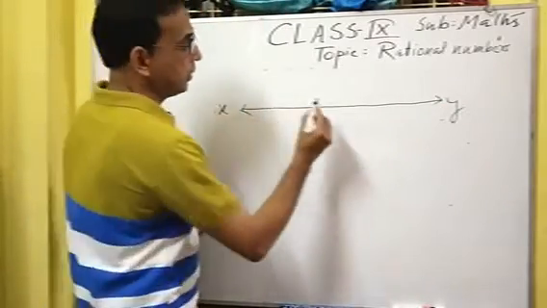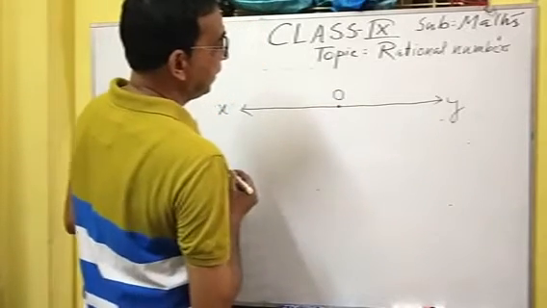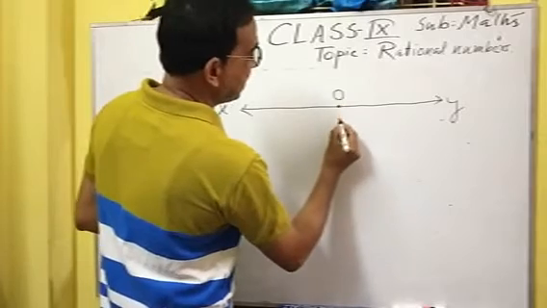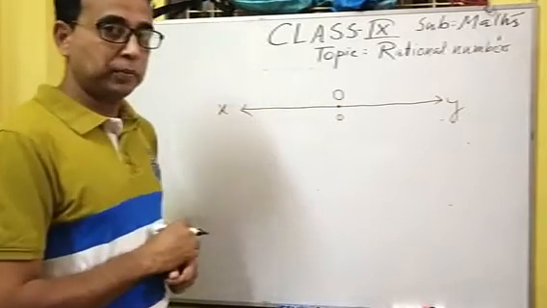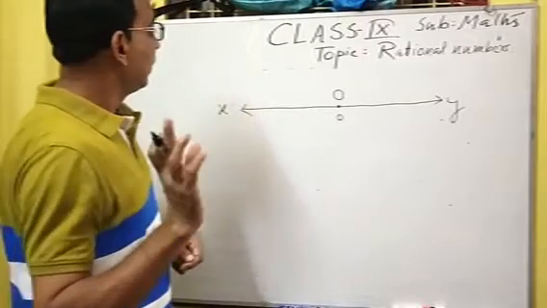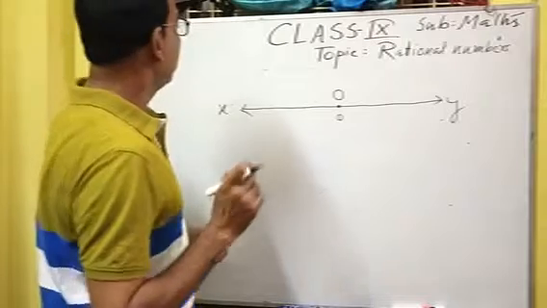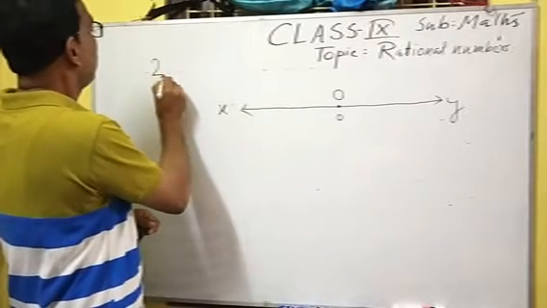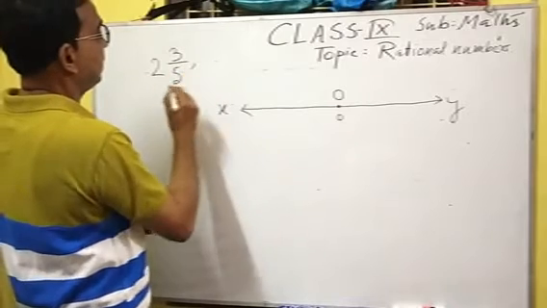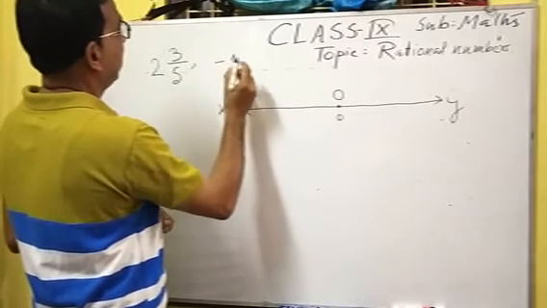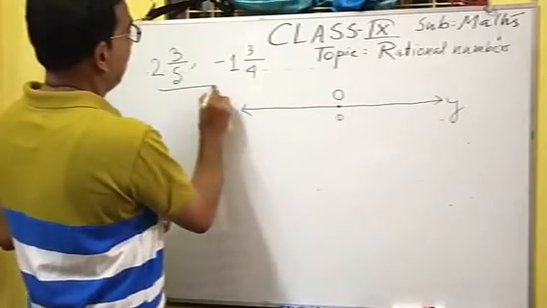Take a point O on the line and let it represent the integer 0. Now I shall represent the rational numbers 2 whole 3 by 5 and minus 1 whole 3 by 4 on the real line.